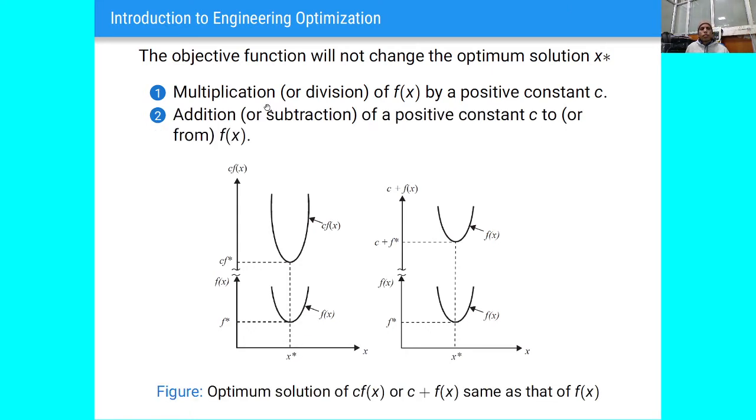Similarly, in the case of addition or subtraction of a certain constant, say c, this is your second case. In the right hand side, there is a function f(x), and we are adding a certain constant, say c, to your function.